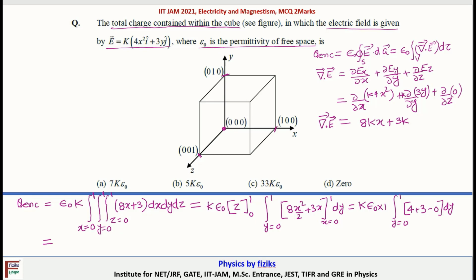If we integrate this, that will give you k epsilon naught into 7y, with the limit of y from 0 to 1. So Q enclosed is 7k epsilon naught. That is the total charge contained within this cube. So option A is correct.